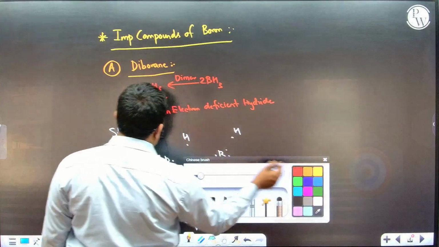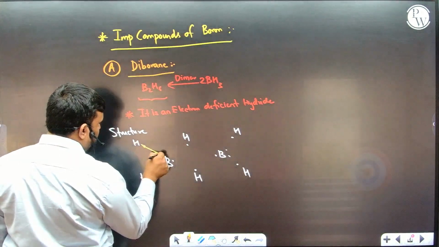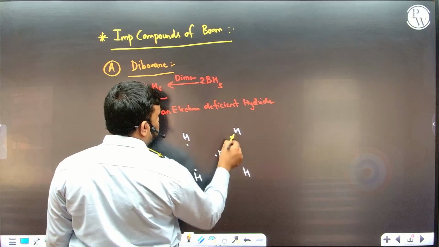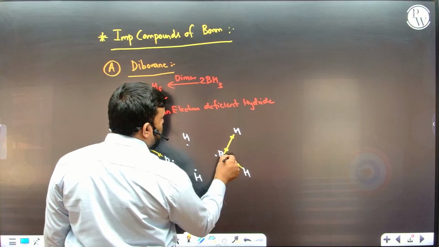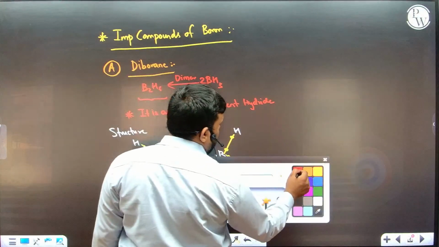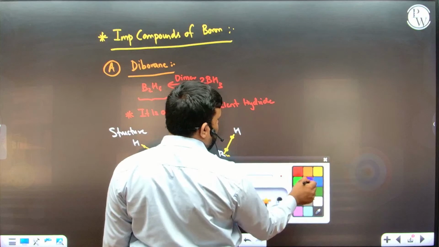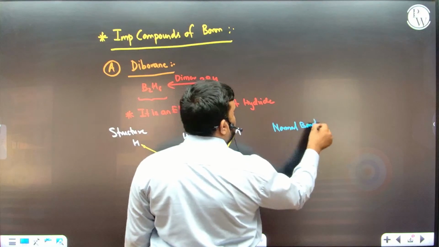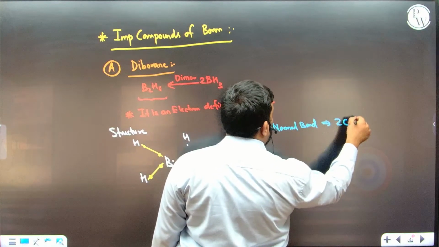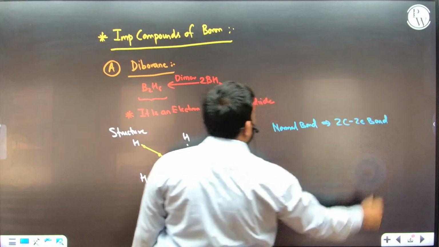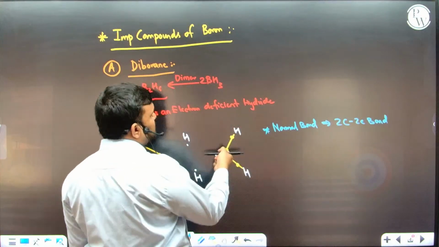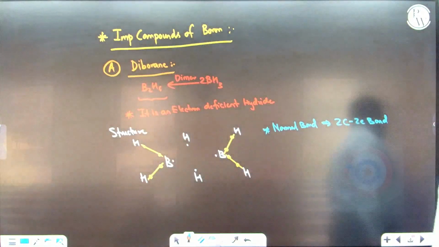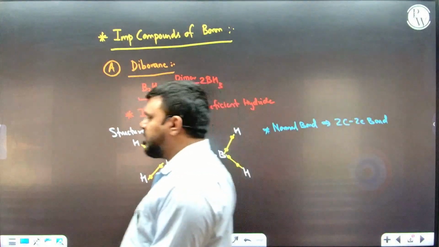So you can see there will be normal bond formation over here, which is called a 2 center 2 electron bond. A normal covalent bond is nothing but 2 center 2 electron. There are 2 electrons involved and 2 centers. So we call it a 2 center 2 electron bond.